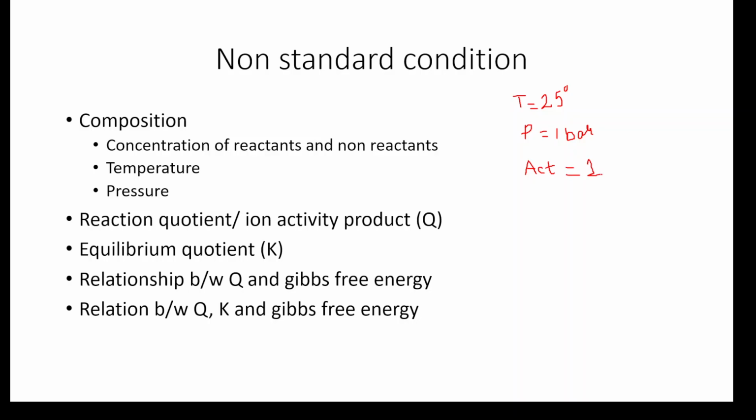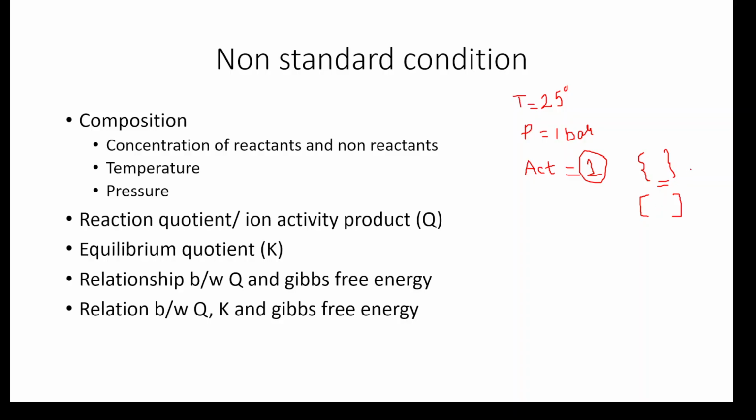So there is a difference between activity and concentration. Activity is represented by this curly bracket and concentration is represented like this. When activity is equal to 1, then the concentration and activity are equal. So what is the difference between activity and concentration?